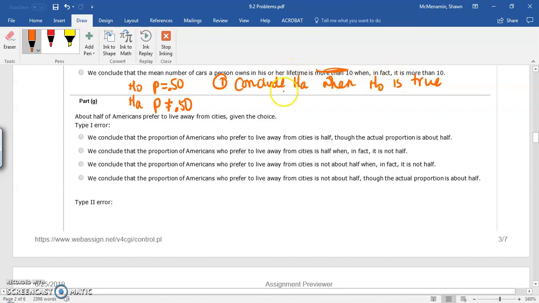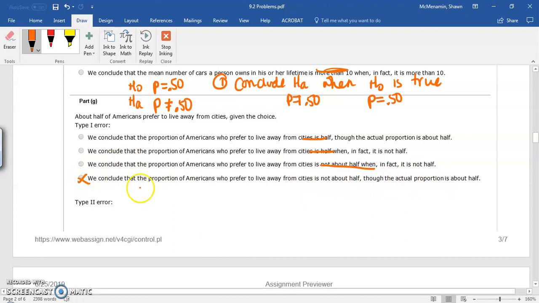That's a type 1 error. So concluding HA, that's saying that P is not equal to 0.50 when in reality P is equal to 0.50. So we don't conclude that it is half, so that would take away that. We conclude not about half when it is not about half, that is the correct decision. Not about half when it actually is about half.